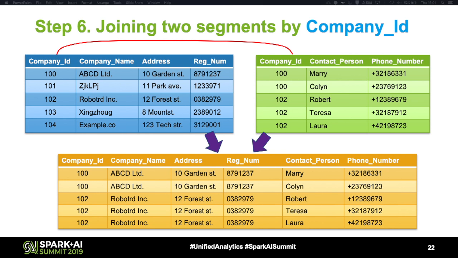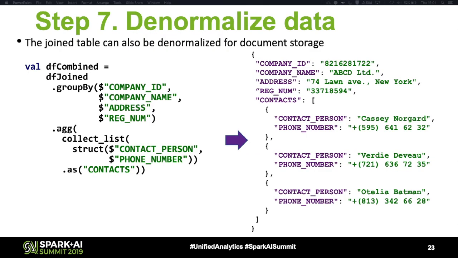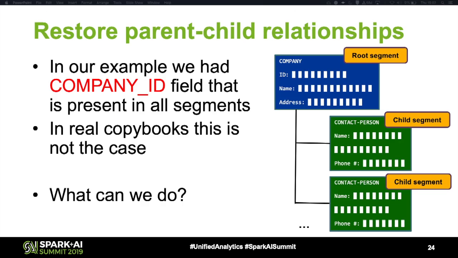In our case, we are joining by company ID to have this big denormalized table. Once we have it, we could use Spark to group by root segment and collect a list of child segments. So we could have nice document-type data which contains company fields at the root level and contact people as a nested array, which is absolutely natural for Spark and for document storage.